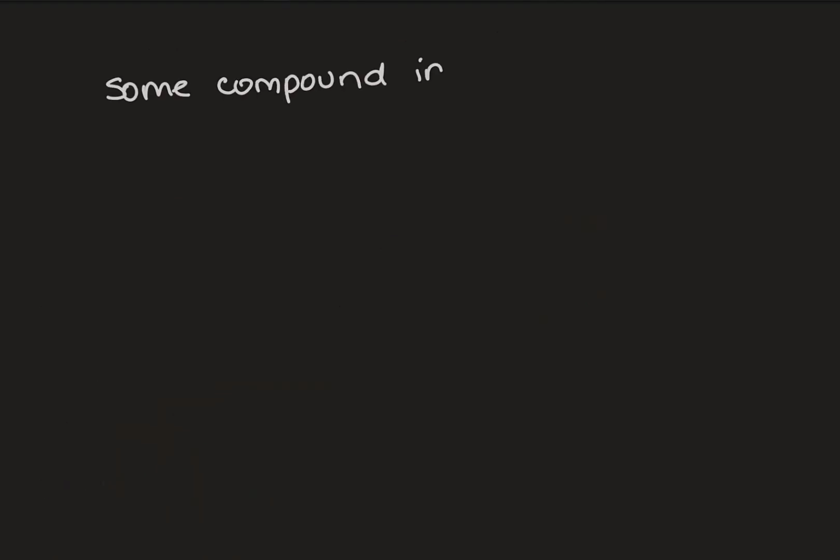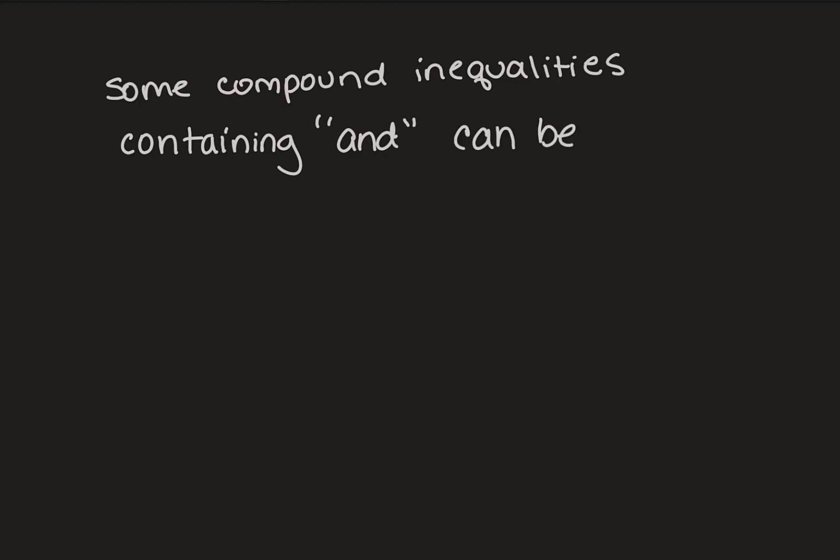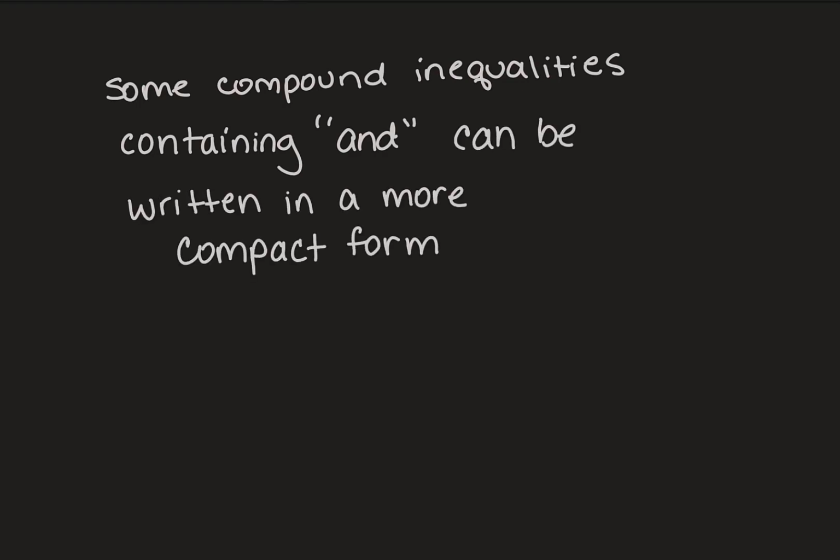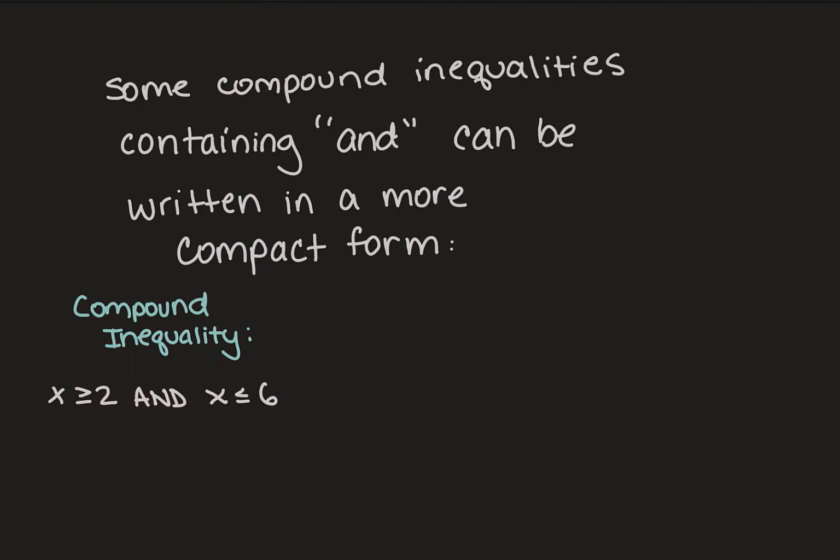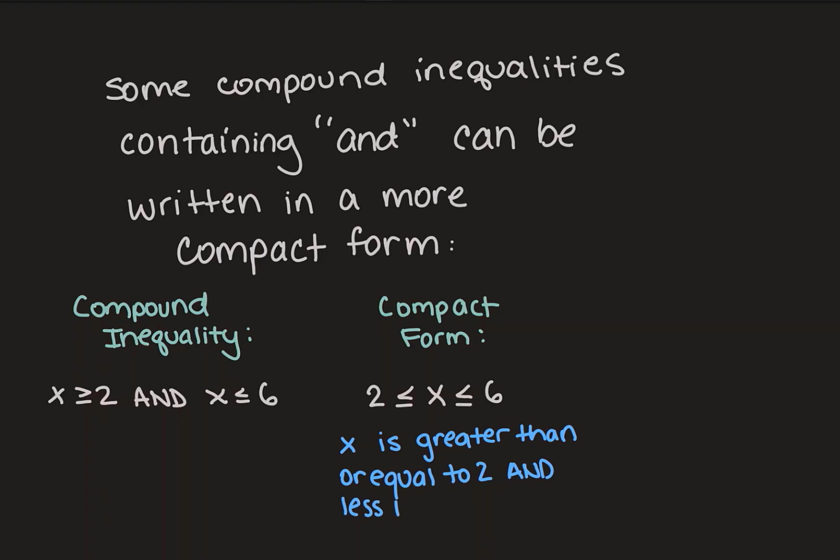Some compound inequalities containing the word "and" can be written in a more compact form. If we have the compound inequality x ≥ 2 and x ≤ 6, the compact form is writing x in the middle: 2 ≤ x ≤ 6.